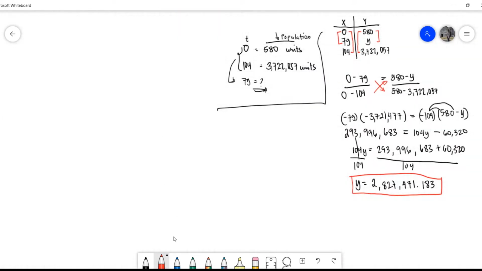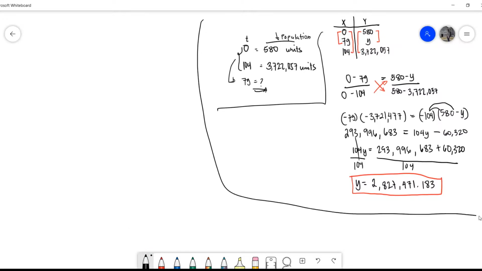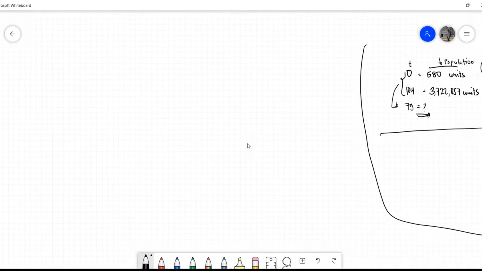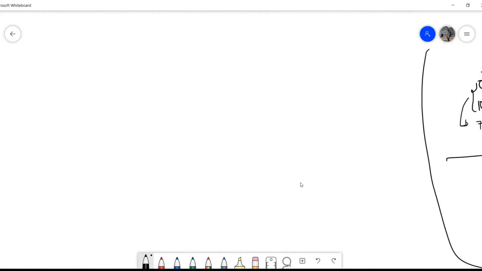Another application of interpolation is in temperature calculations. Let me give you an example. We all know that the freezing point of water is 0 degrees centigrade, whilst in degrees Fahrenheit that is 32.